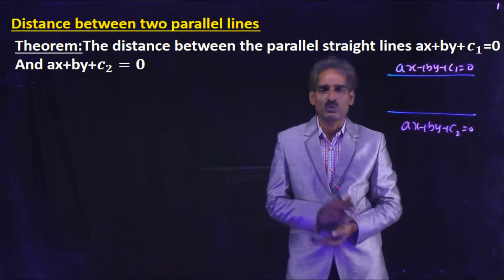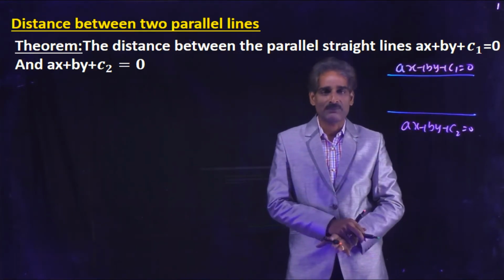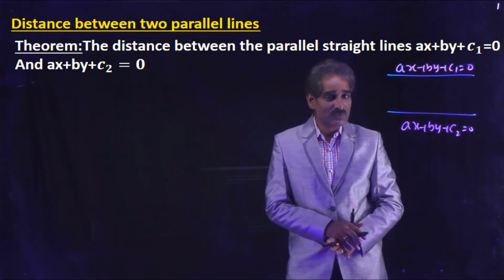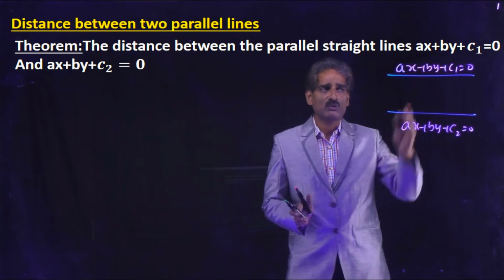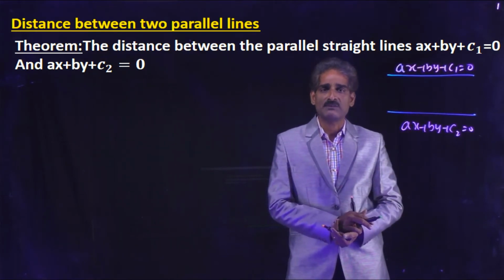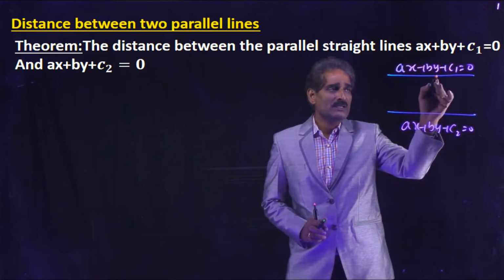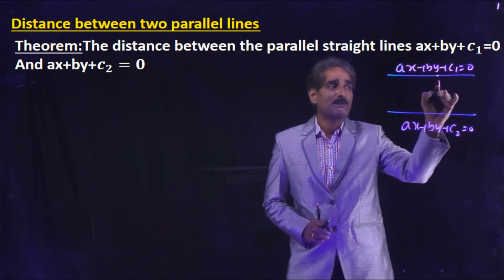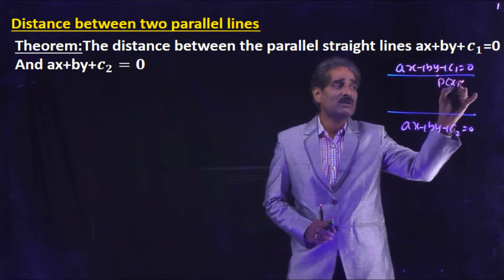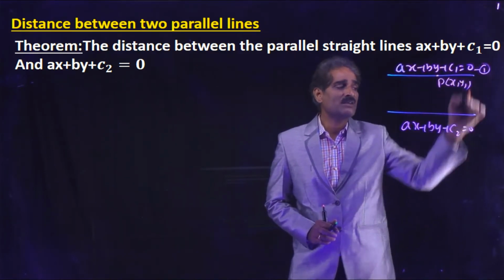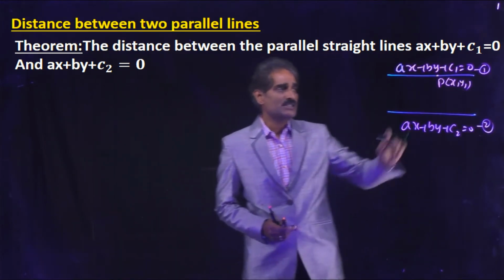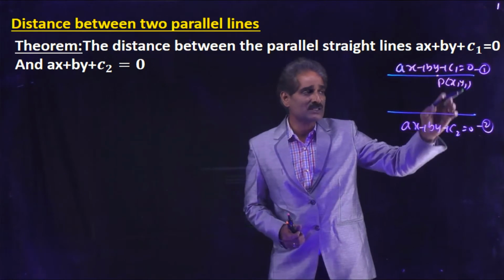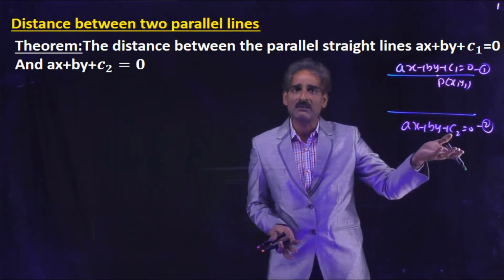Clearly these two are parallel. Let us take a point P (x1, y1) to be any point on the first line. Here the distance between the parallel lines is nothing but the distance from point P to the second line.